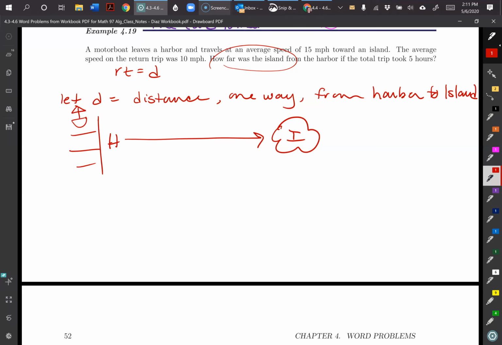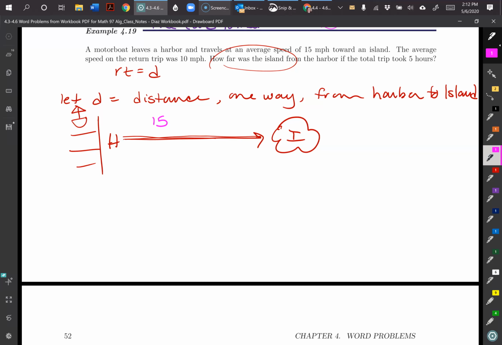No, wouldn't even go 10. So we know that's a certain distance that we're trying to find. We know that we traveled 15 was our rate. And we know that the total trip took 5 hours.